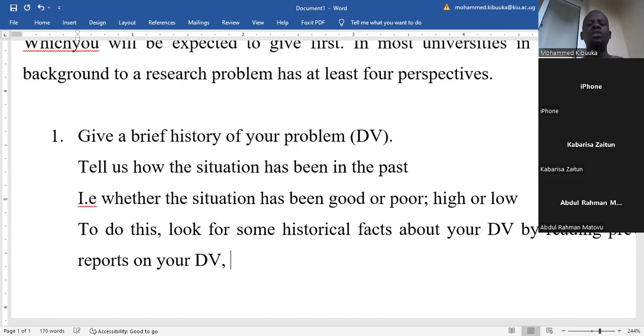You can also read government reports or even previous newspapers.